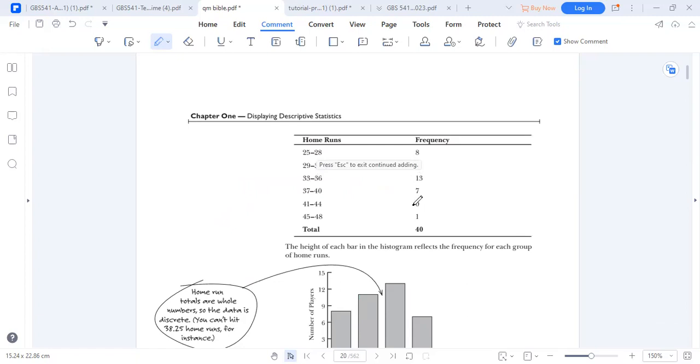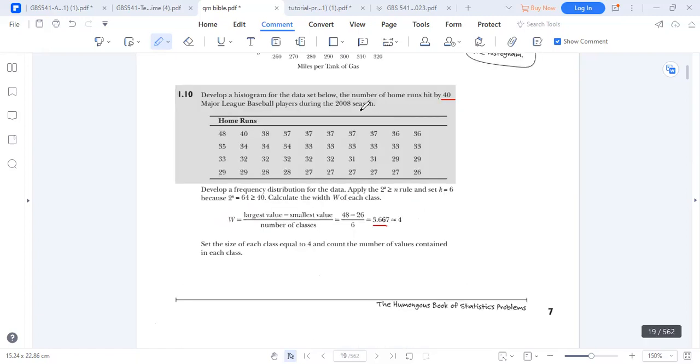So the information we're looking at regards the number of home runs hit by baseball players. What type of information is that? Can you run 3 times? Yes. 4 times? Yes. 4.5? No. So the number of runs is discrete data.